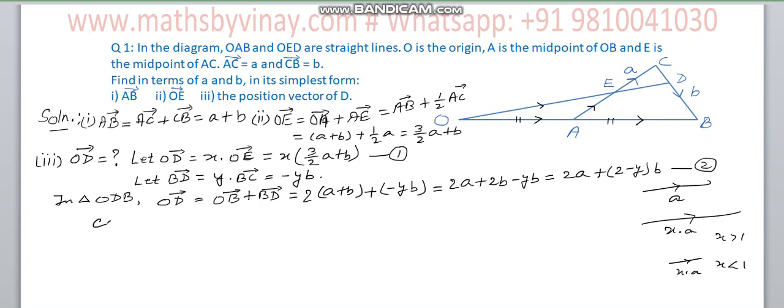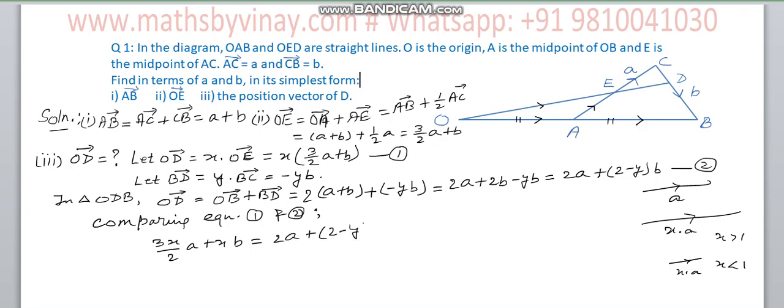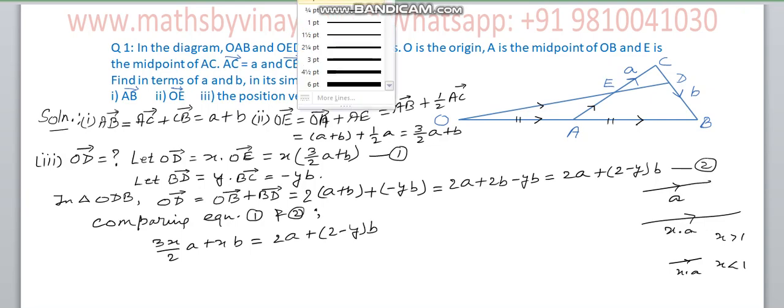Comparing equations 1 and 2, 3x over 2 a plus x b is equal to twice of a plus 2 minus y times b.